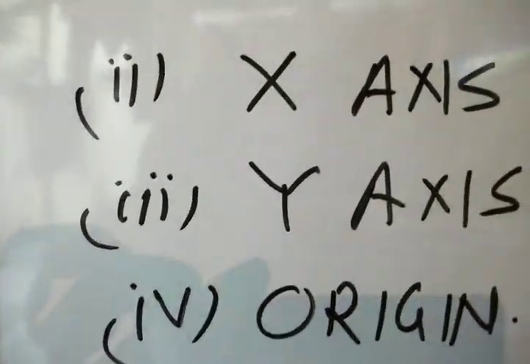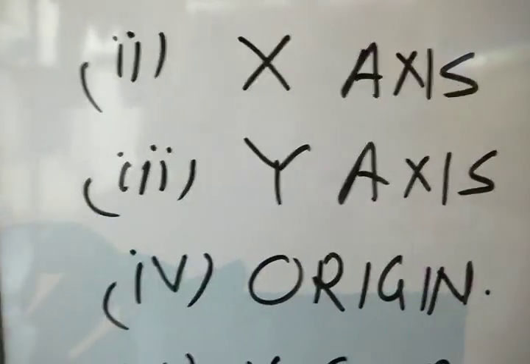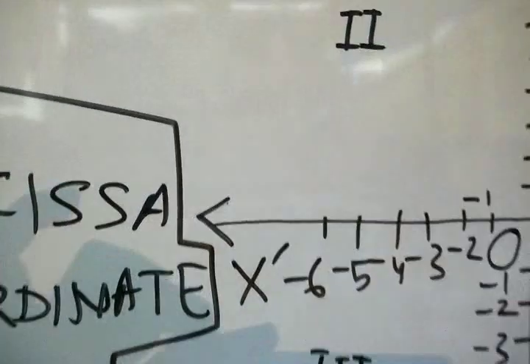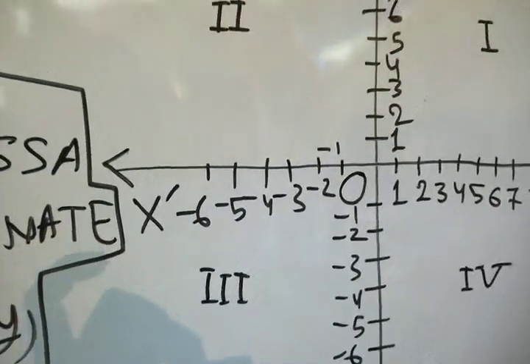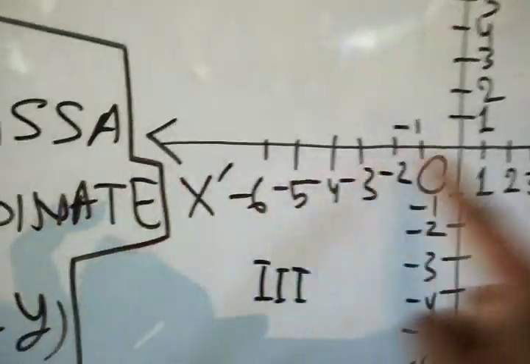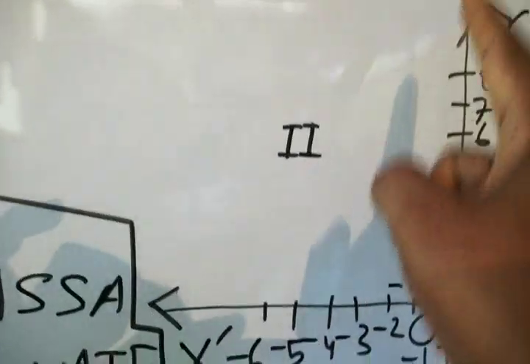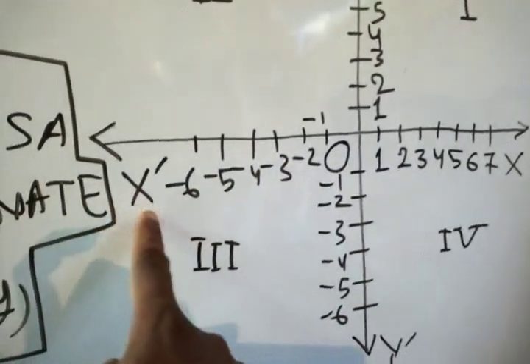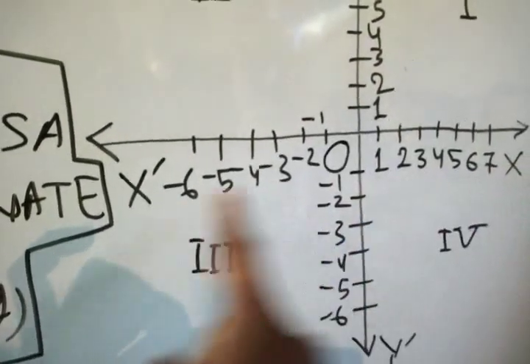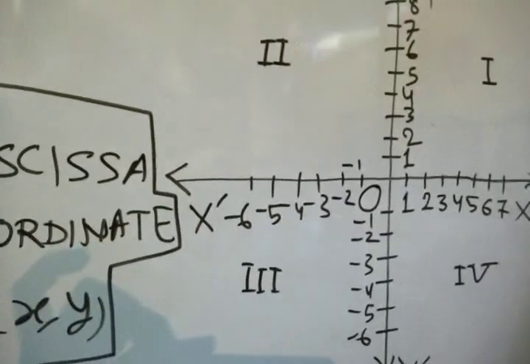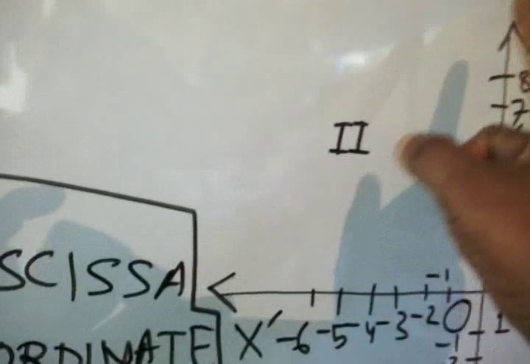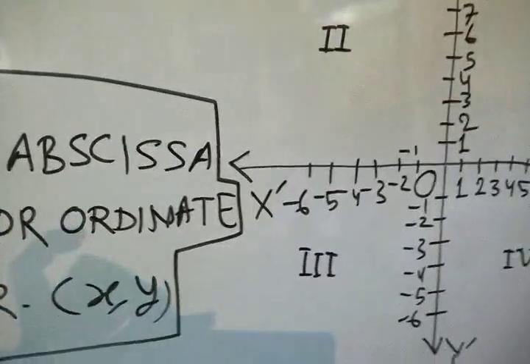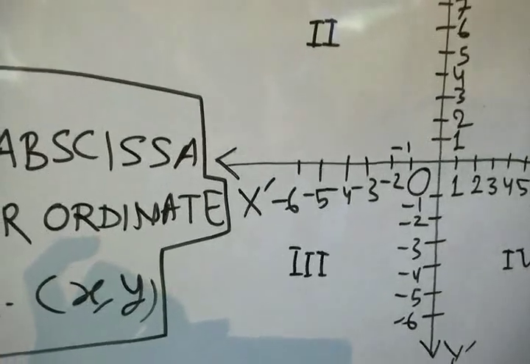Then we come to the x and y axis. What is the x axis and what is the y axis? If you draw two mutually perpendicular lines, one will be horizontal and another will be vertical. The horizontal line, x dash and x, is called the x axis, and this vertical line, y dash and y, is called the y axis.